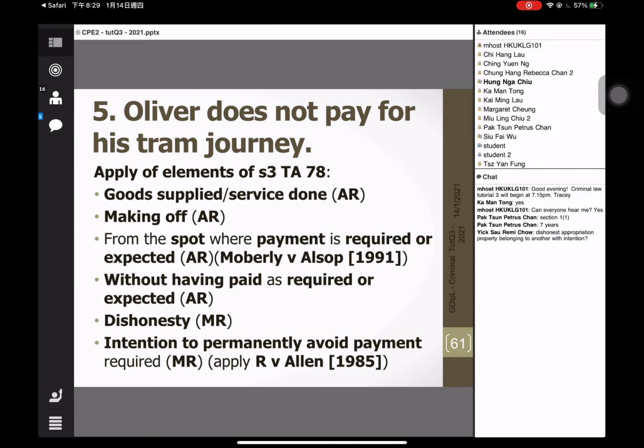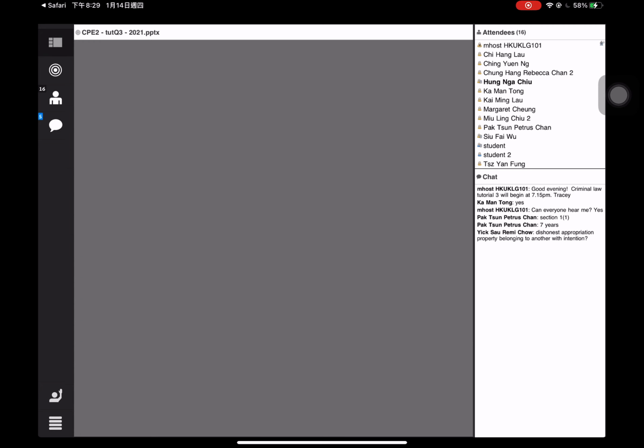So here we would have the possibility of Section 3 of the Theft Act 1978 if payment is at the end of the tram ride. So we could look through the possibilities there.